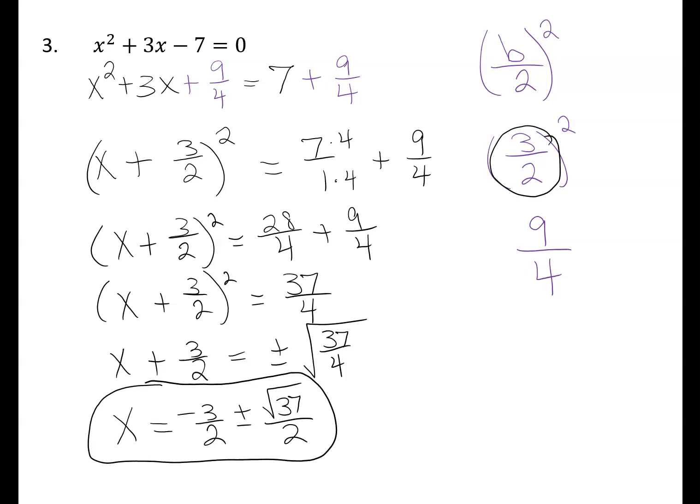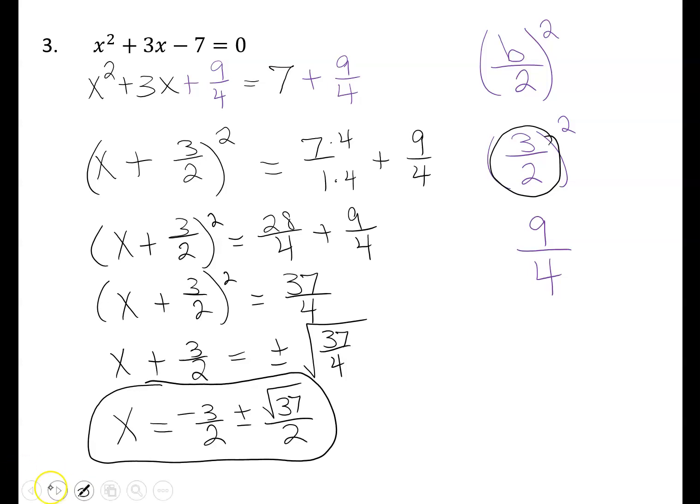Okay, so it's maybe a little bit more work when b is odd, but as long as you can do the fraction work, it has the same steps and should work out fine. Now, in a little bit, we will talk about how sometimes you'll be able to choose your method, and maybe when b is odd, you might not choose completing the square as the method you want to use.